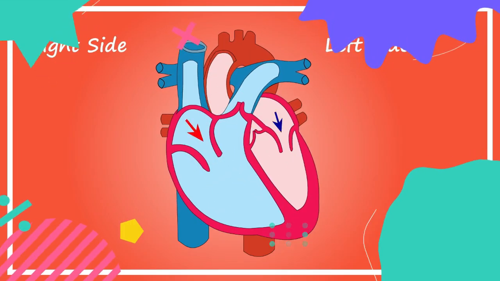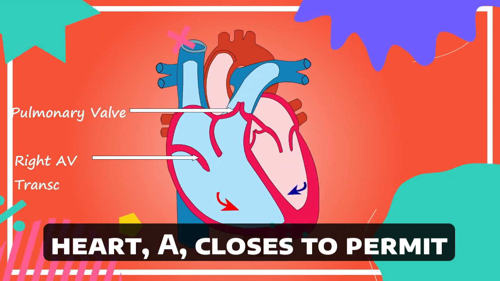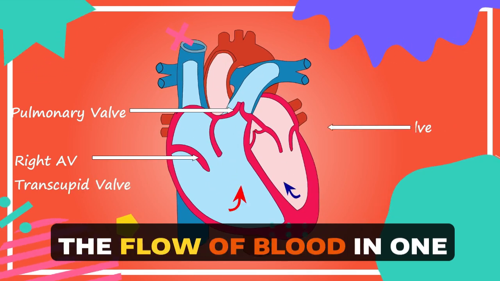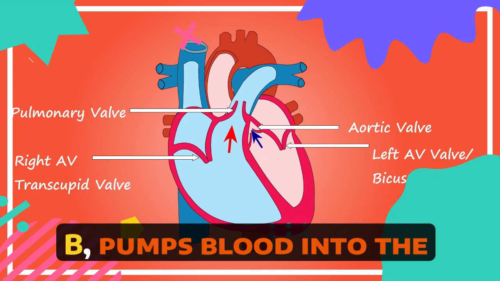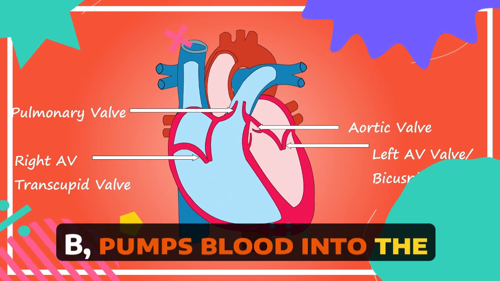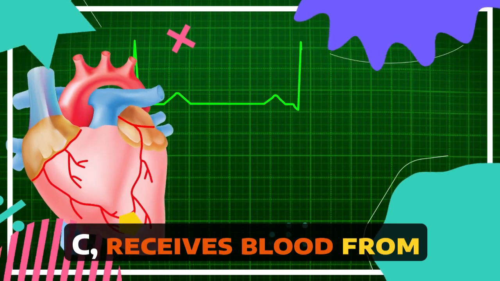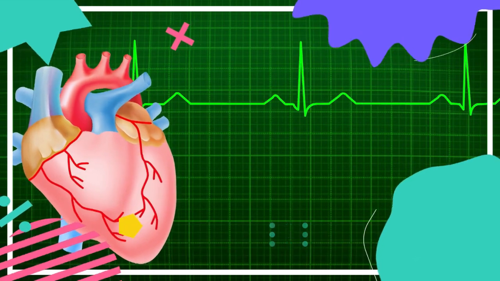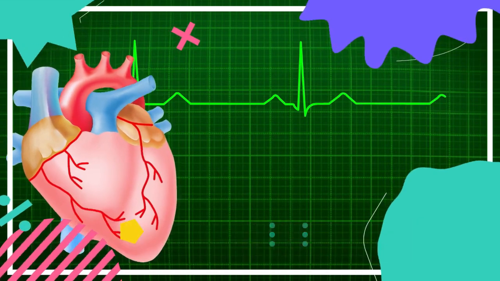Next question: which structure in the heart, A, closes to permit the flow of blood in one direction only, B, pumps blood into the arteries, C, receives blood from the veins? Let's try and answer A first.